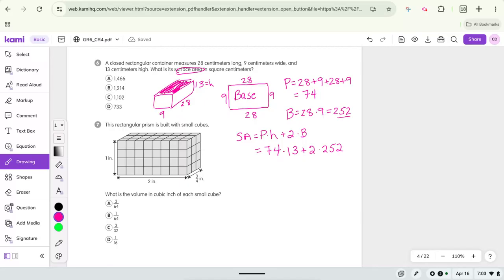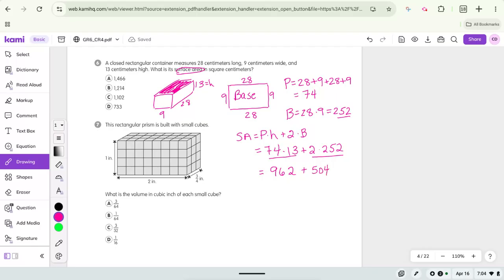Now remember your order of operations. You have to do multiplication before addition. So I need to multiply 74 times 13 and 2 times 252, and then finally I'll add them together. 74 times 13 is 962, and 2 times 252 is 504.